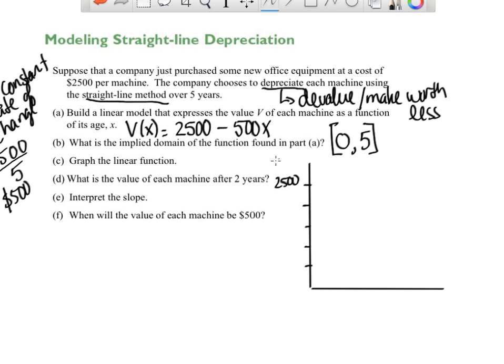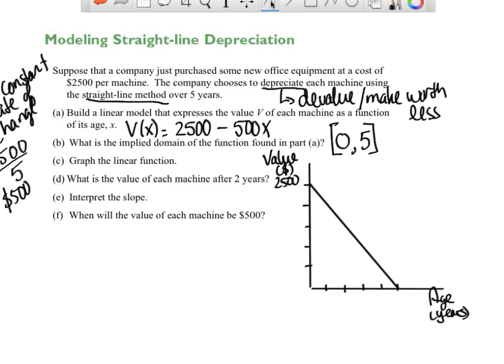And that would be value in dollars. And then here it's age in years. So 1, 2, 3, 4, 5. Starting here, there we go.